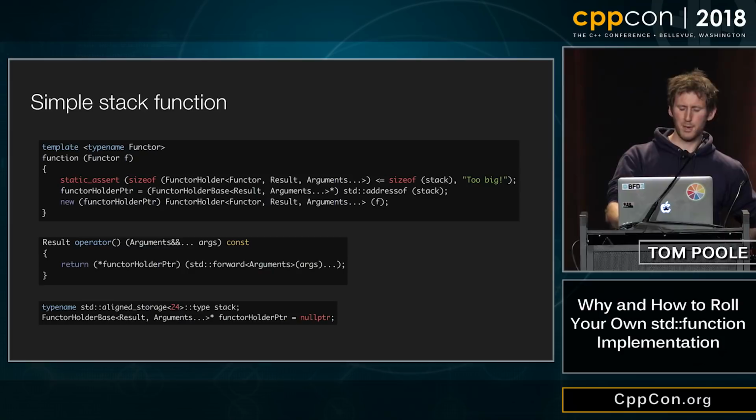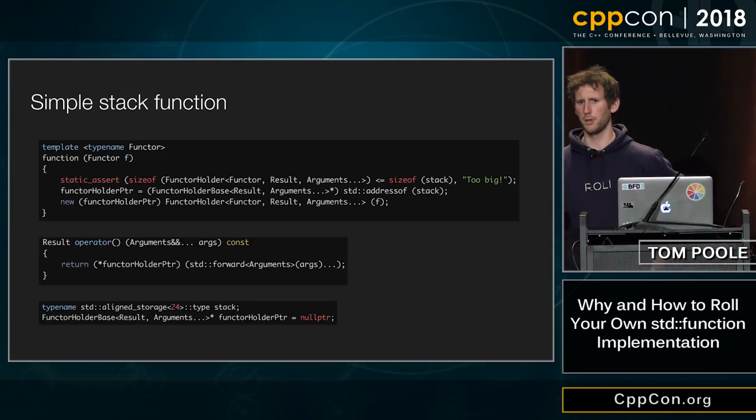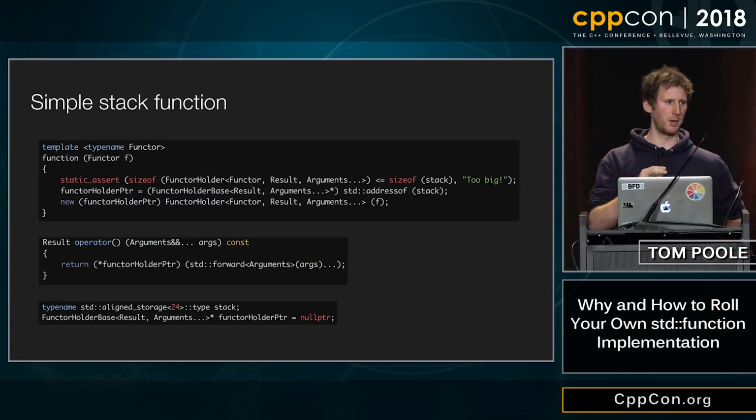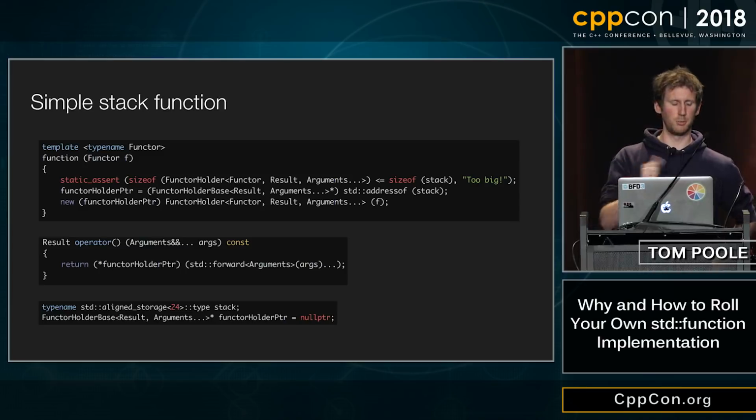Another benefit of doing this is that the internals of all our things like copy constructor or assignments become much more simple. Because we don't need to worry about where our internal functor is stored, like it could be on the heap or it could be on the stack. Now it is always on the stack. There's much less branching.